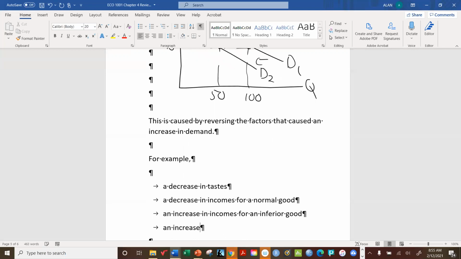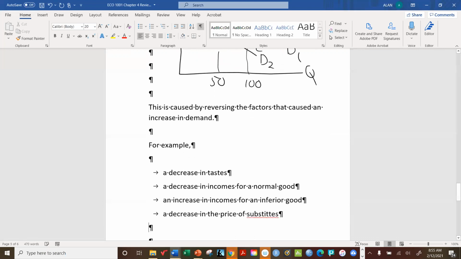A decrease in the price of substitutes. Oh boy. Or an increase in the price of complements, like the fries and the ketchup.